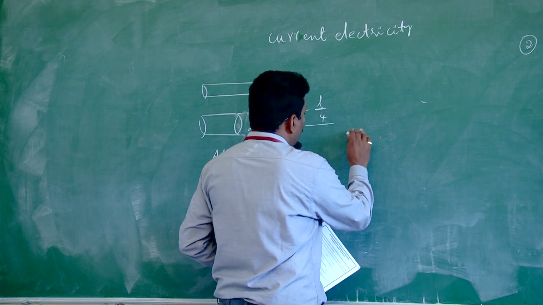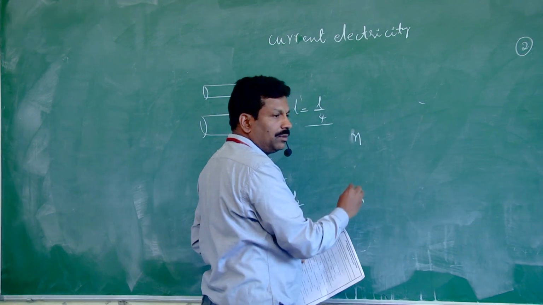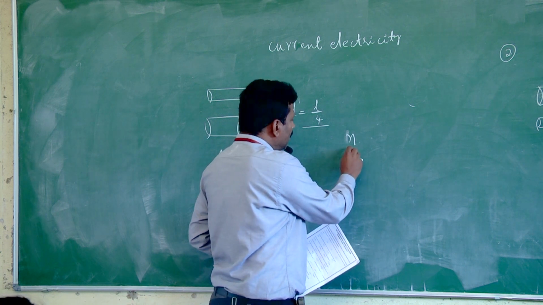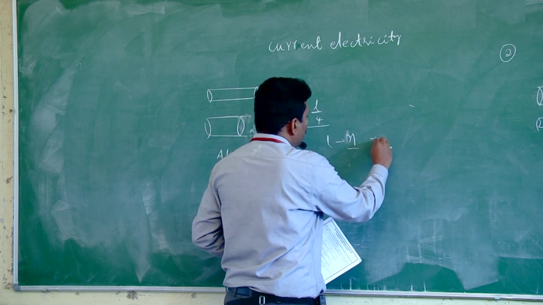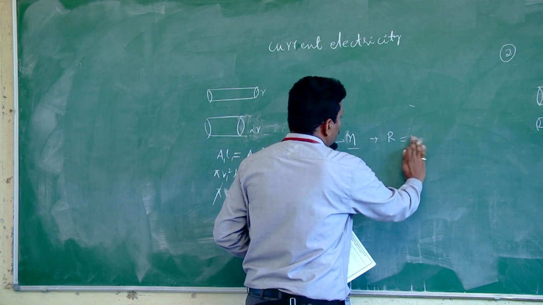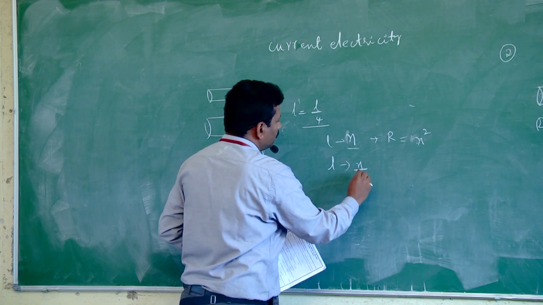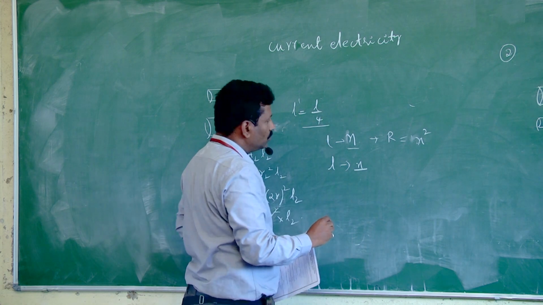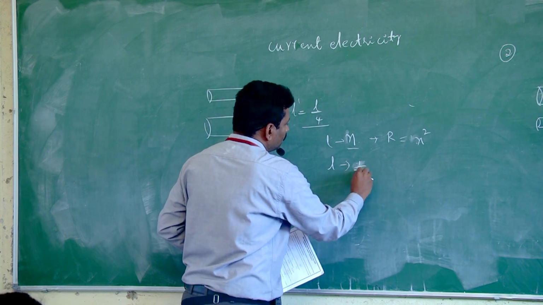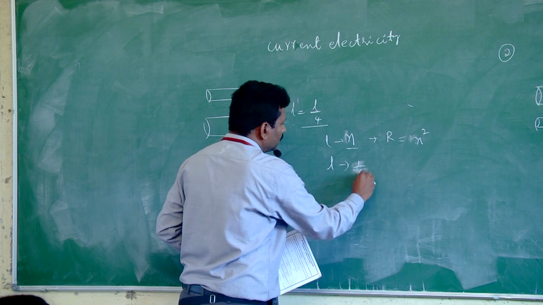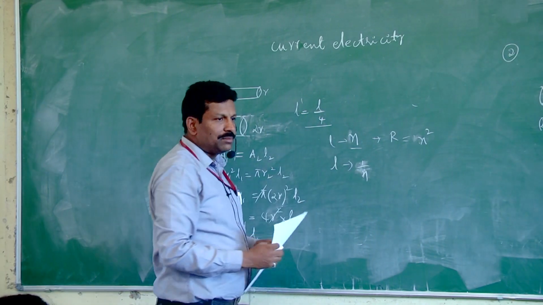Now, if the length is increased by n times, the radius increases by n squared times. Correct? If the length decreases by 1/4 times, that is 1/n times, yes or no?